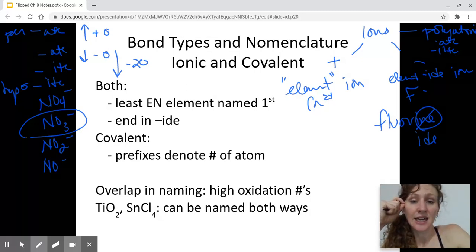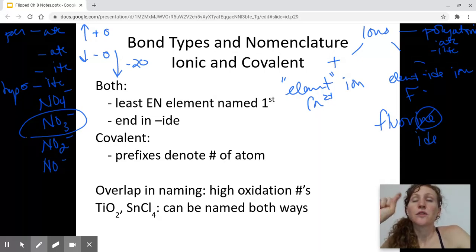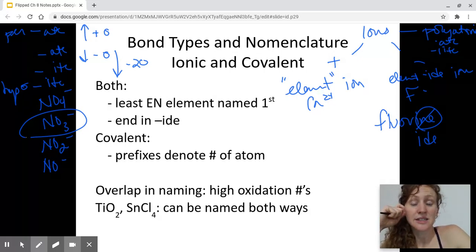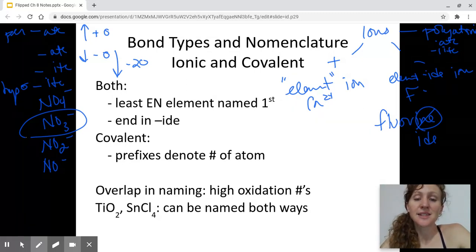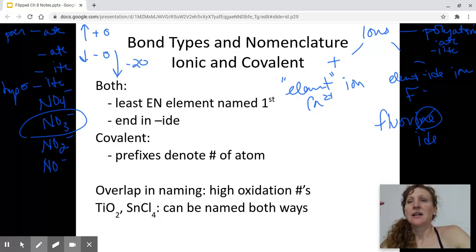There's a couple in there that don't end in -ate. They end in -ide, like cyanide is one of those. Also, notice if a sulfur gets thrown onto the front, the ion tends to gain a thio-. So like thiocyanide would be SCN-. What else do they do? Oh, sometimes they throw a hydrogen on the front.